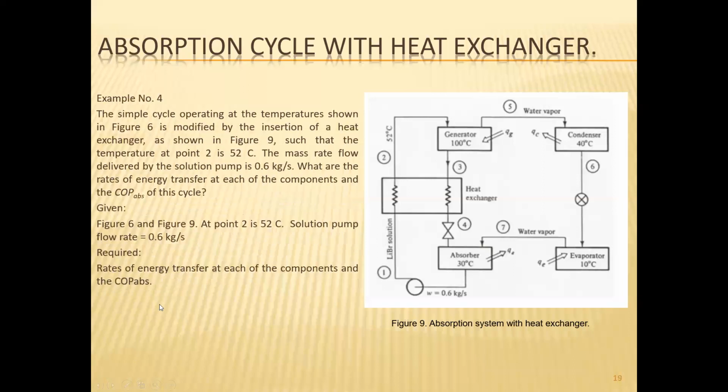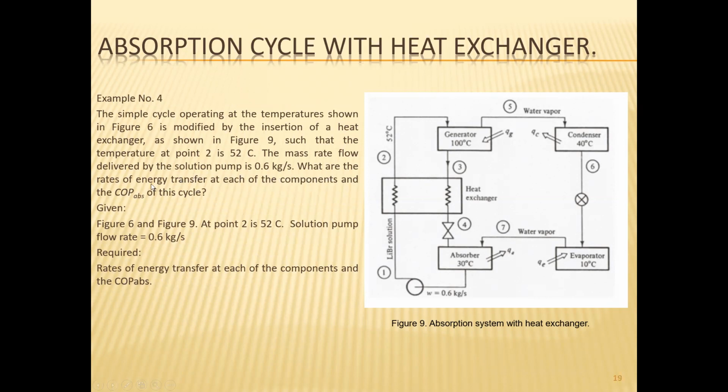So example number 4. The simple cycle operating at the temperatures shown in figure 6 is modified by the insertion of a heat exchanger as shown in figure 9, such that the temperature at point 2 is 52C. This is given. The mass flow rate delivered by the solution pump is 0.6 kg per second.